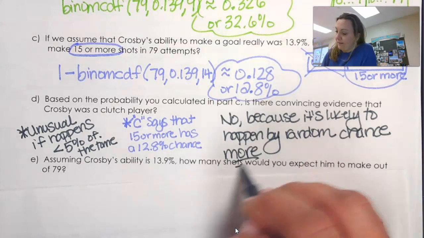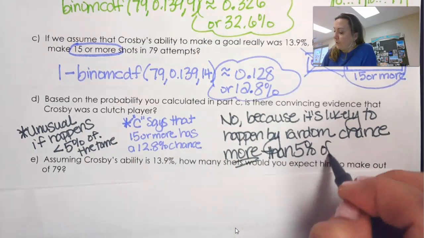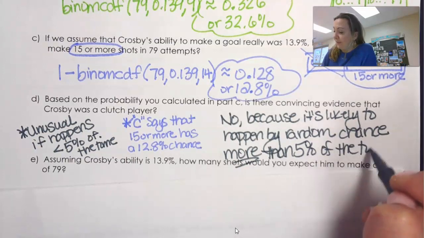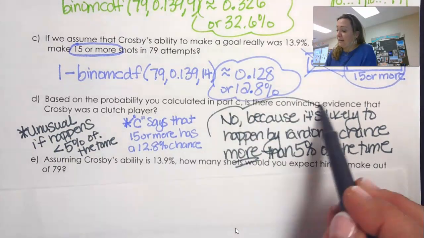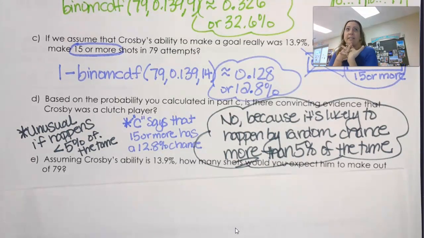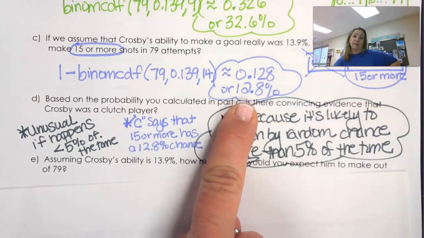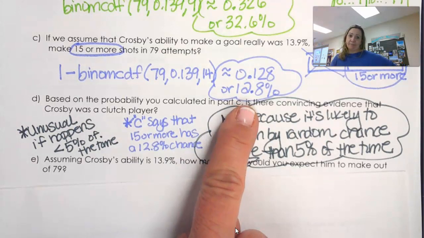More than 5% of the time. So because that value is more than 5%, that means that it's really not that special. Now, if it was something like 0.0128 or something like that, that would be special because it would be less than 5%. But because this value that we found here is greater than 5%, it's really not that special, right?